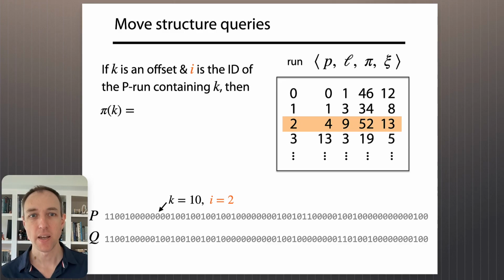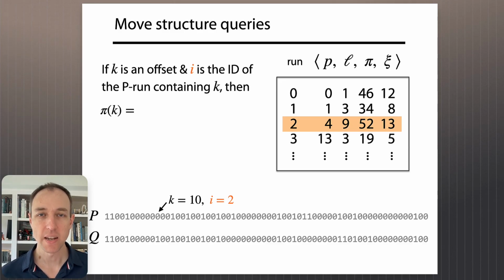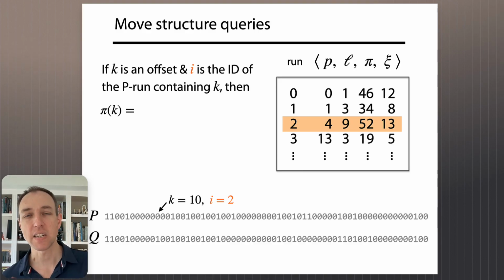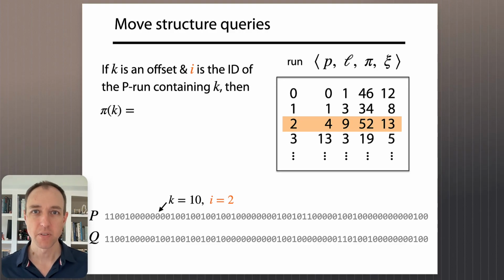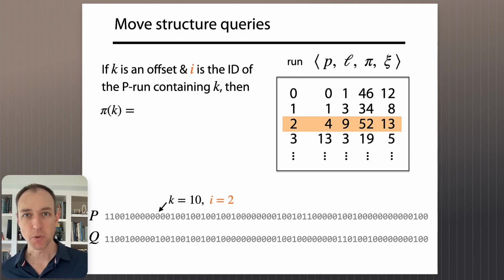But we're not the run head. We're partway into the run. We're at offset 10. Our run head is at offset 4. In other words, we're at offset 6 with respect to the beginning of the run. So just taking the answer for the run head is not going to be correct. We have to add on how many spaces to the right we are from the run head.